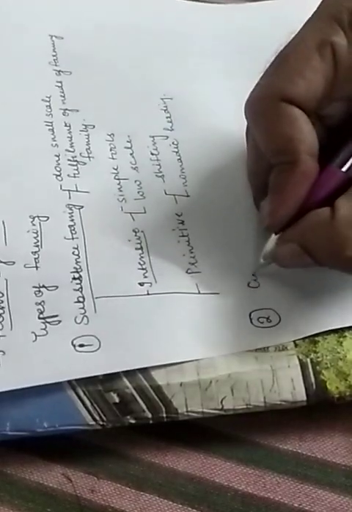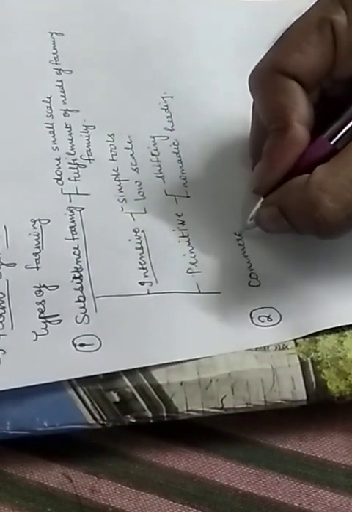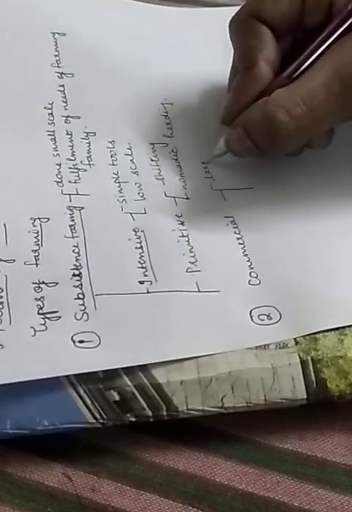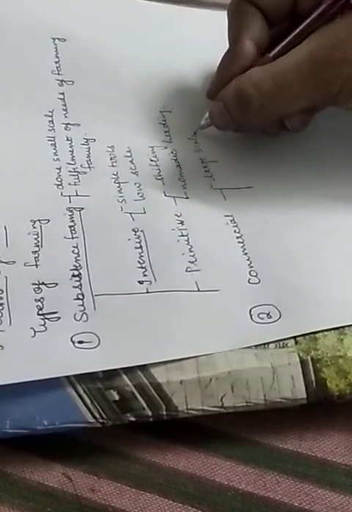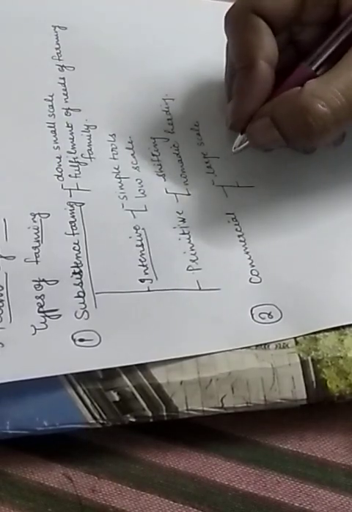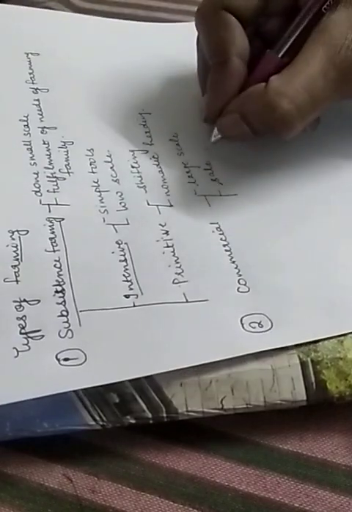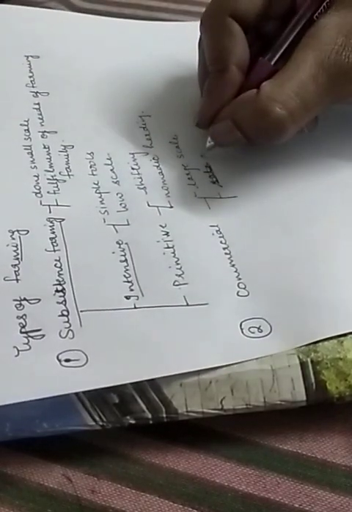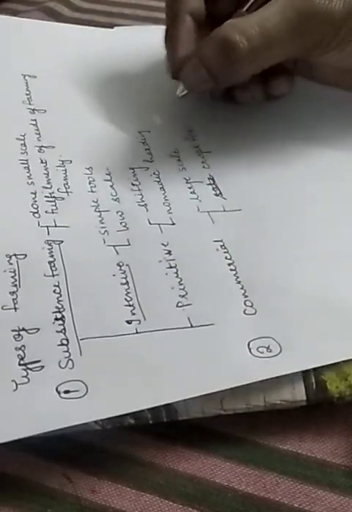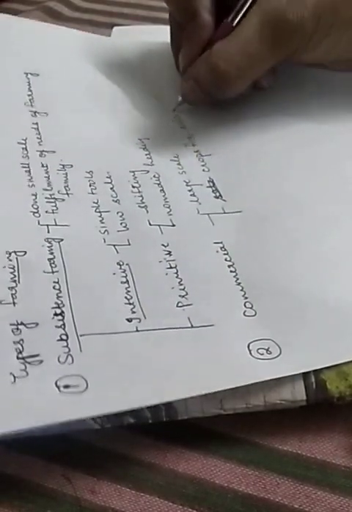Now, second, we have commercial farming. When farming is done on a large scale and the crops are grown for sale, or agriculture is done for commerce, that is for sale.